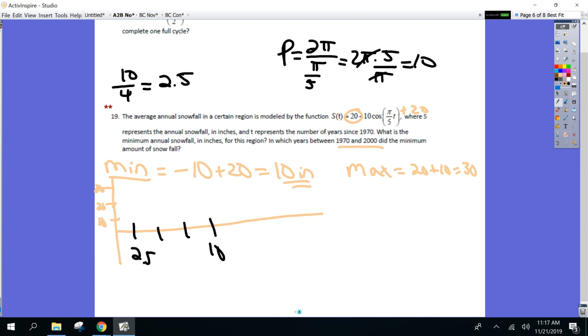What's the next one if I'm going by 2.5s? 5, 7.5, and then 10. All right. Let's just get a sketch of the curve and then we'll talk. Cosine curve. Talk to me. Cosine. Yep. Any negative sign there? Okay, so max was 30.